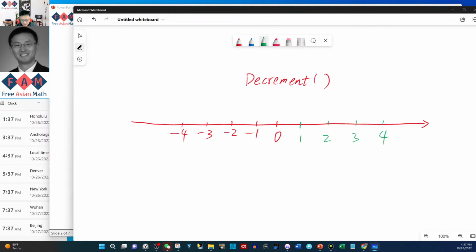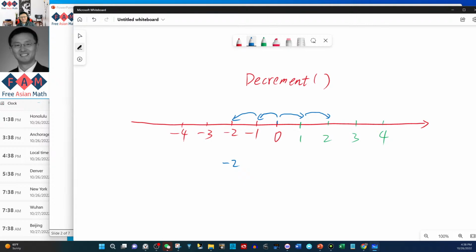And it's very easy to see what we mean by -2. -2 is decrement twice from 0 to the left hand side. And what is 2? 2 is increment twice from 0.